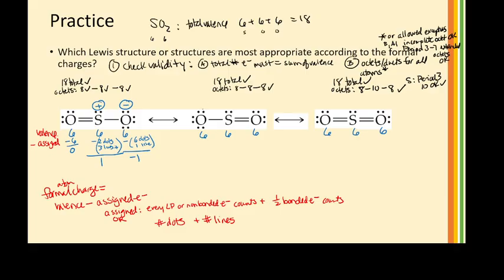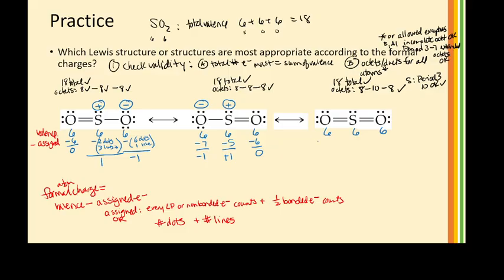I'm going to count dots and lines. 1, 2, 3, 4, 5, 6, 7. -1. 1, 2, 3, 4, 5. +1, sorry. 1, 2, 3, 4, 5, 6. So in this case, sulfur has a positive charge, but the left oxygen has a negative formal charge.